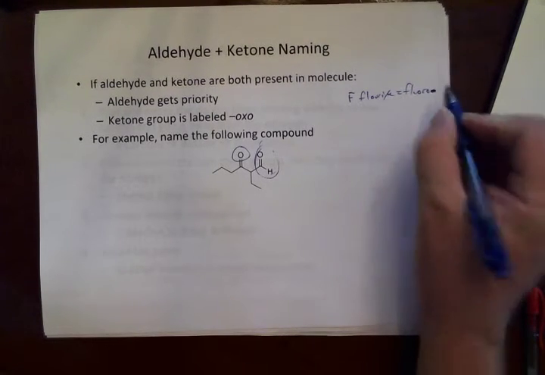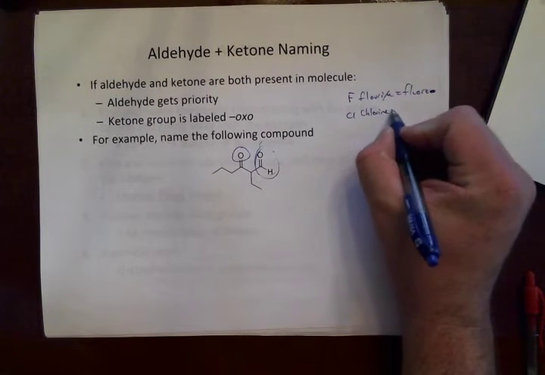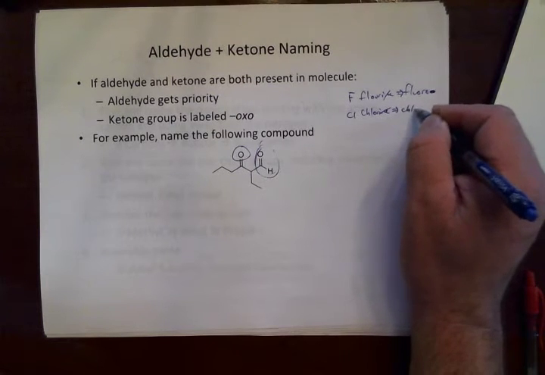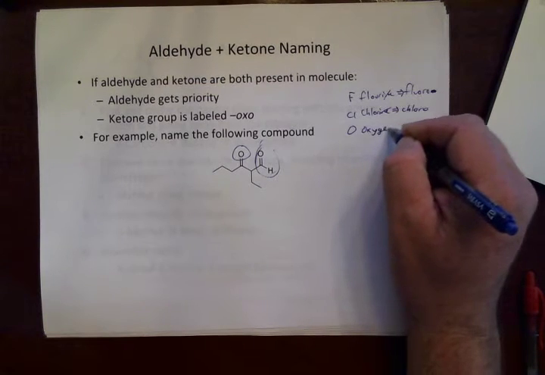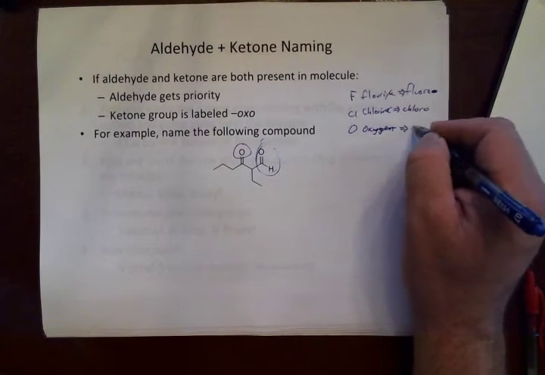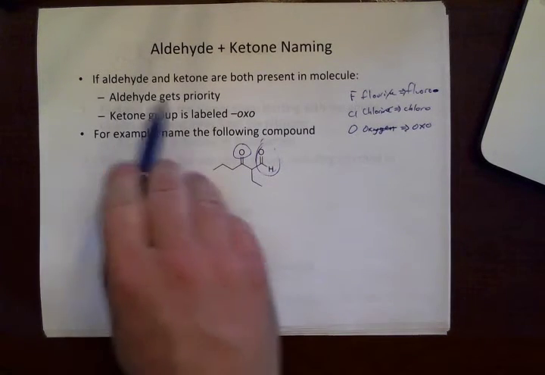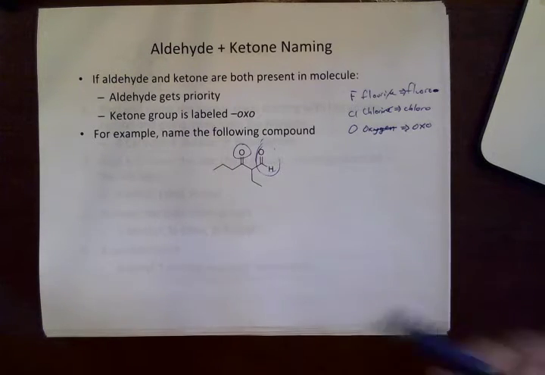With chlorine, you take off the N and just add an O, so it becomes chloro. With oxygen, they took off this giant piece and again just added O, so it becomes oxo. Go figure. But you name it just like an aldehyde group. The ketone becomes an oxo side chain, right?